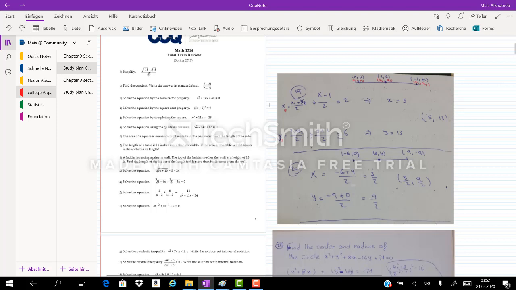Okay, so I know from the rule that (x1 plus x2) over 2 equals the midpoint x, and (y1 plus y2) over 2 equals the midpoint y.